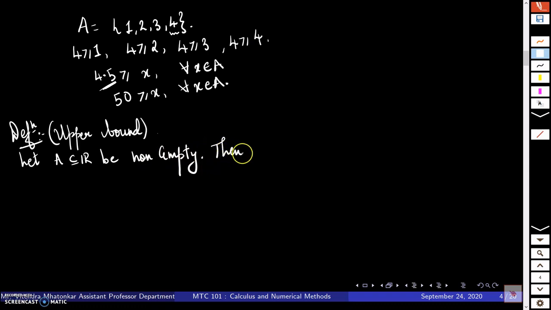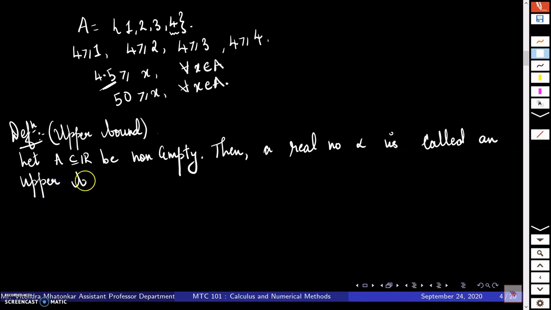Then a real number alpha is called an upper bound of the set A if alpha is bigger than or equal to x for every x in A. Such a number alpha is called an upper bound of A. A real number alpha is called an upper bound of A if for all x in A, alpha is bigger than or equal to x.